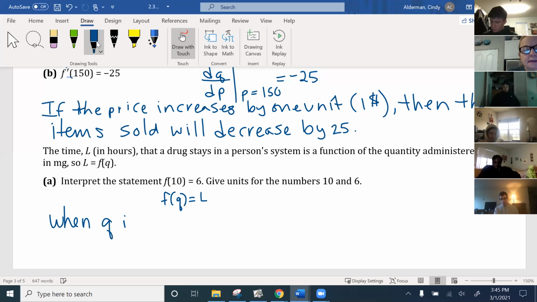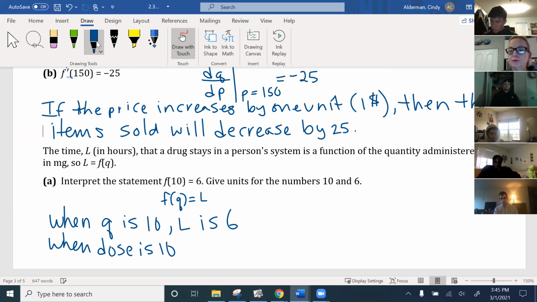When Q is 10, L is 6. Well, what is Q? Q is the quantity. So when the dose, or the quantity administered, is 10, then L is 6.